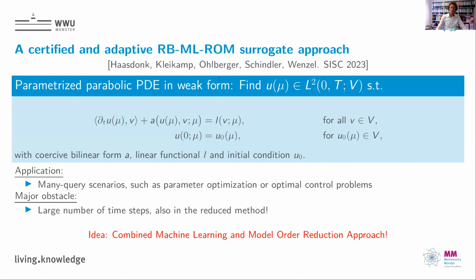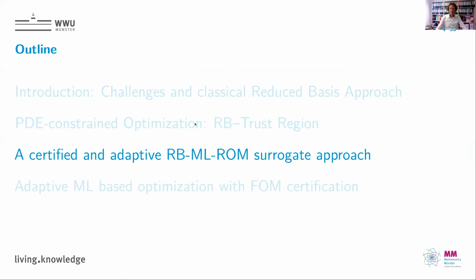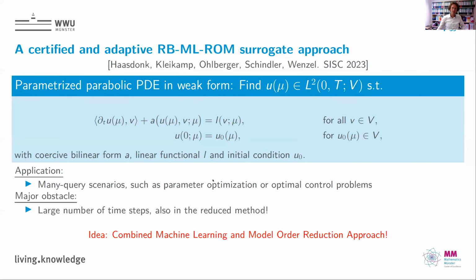So we now look at, let's say, parabolic problems, where again, A is just an elliptic or coercive bilinear form. And we are in this many query scenario where we have a lot of evaluations for varying parameters. And we will also come back to using this in an optimal control or PDE constraint optimization process.